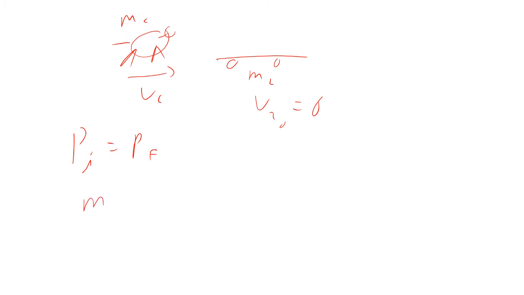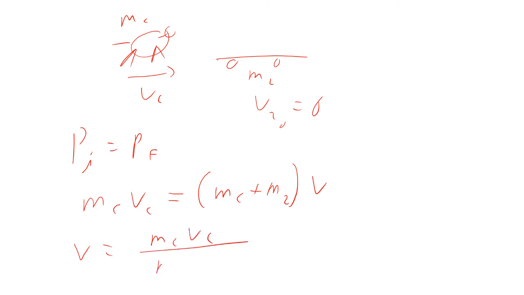Initial momentum is mass cat times velocity of the cat. The final momentum is mass of the cat plus mass of the cart times that final velocity. So the final velocity is going to be mass of the cat times velocity of the cat, divided by mass of the cat plus the mass of the cart.